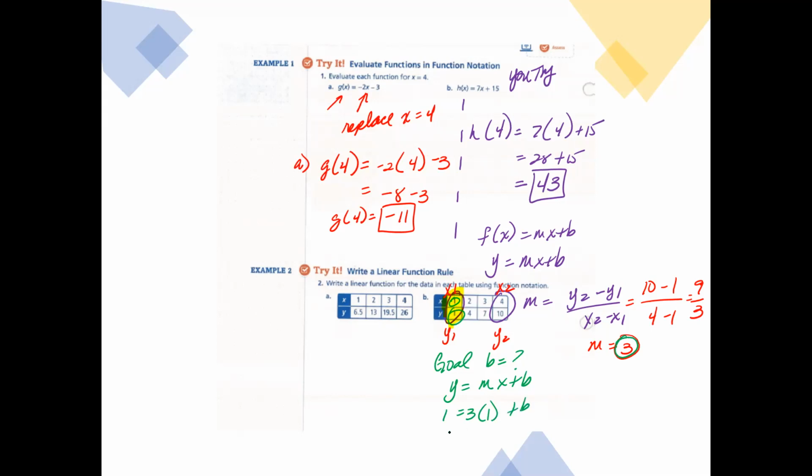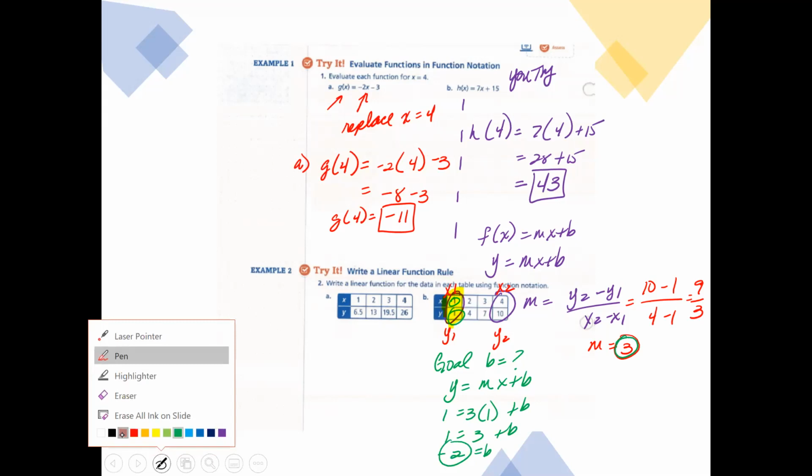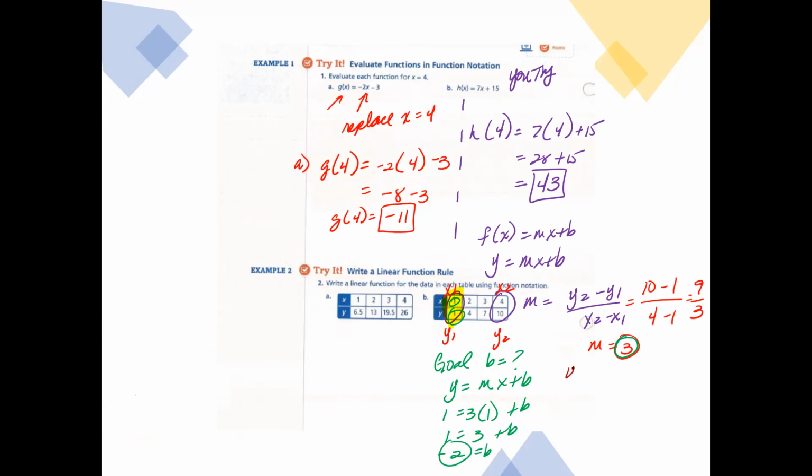Plus b. Subtract the 3 on both sides. B is going to equal negative 2. Now that I have b, I know y equals 3x minus 2, or f of x, which is the same thing as y, is equal to 3x minus 2.